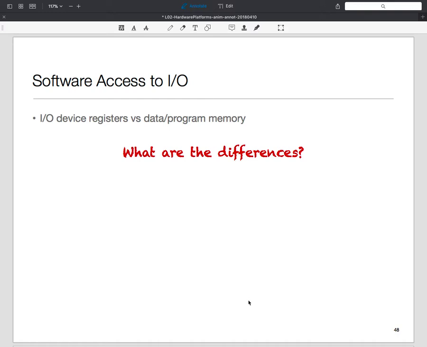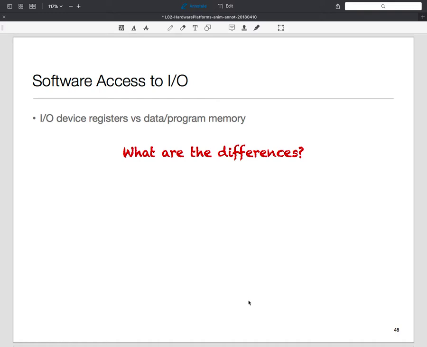How should the processor access it? At some abstract level, they seem like memories. That's what they are, memory locations. The question becomes whether there are differences. Towards the very end, last time, I talked about a few key differences between standard memory, data and program memory, versus device registers.